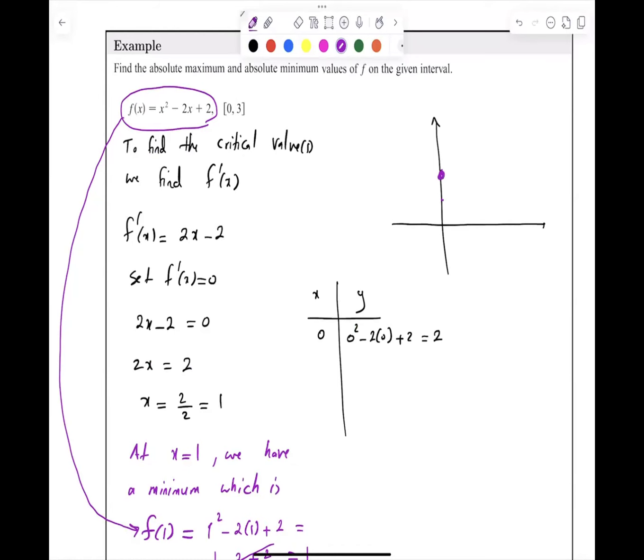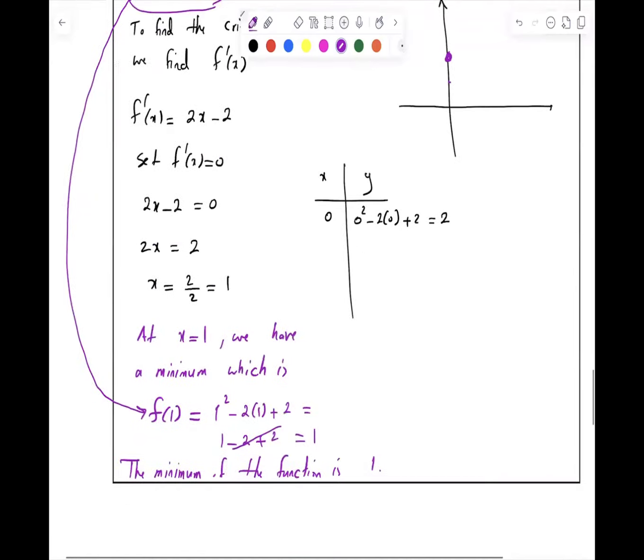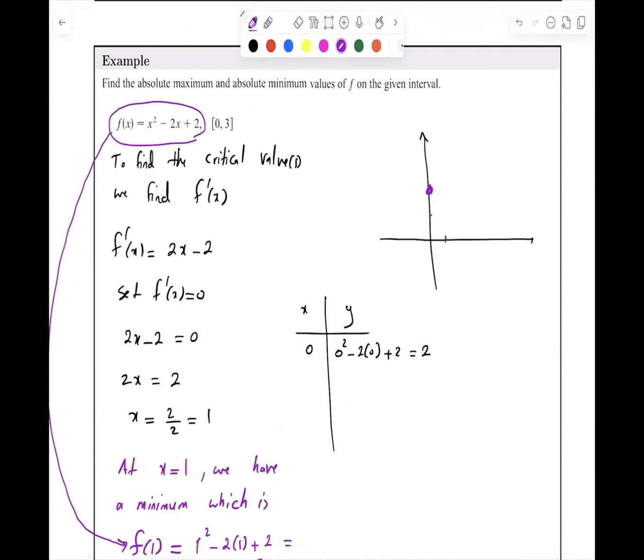When x is equal to 1, we saw that the function is 1. At 1, we have a 1. What if x is equal to 3? When x is equal to 3, you have 3 squared minus 2 times 3 plus 2, or 9 minus 6 plus 2, or 3 plus 2, which is 5.